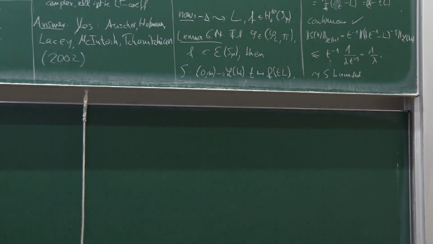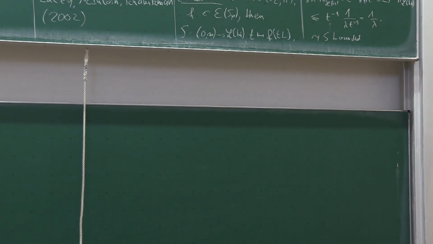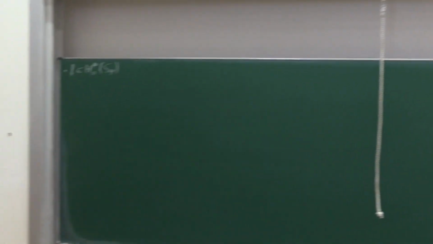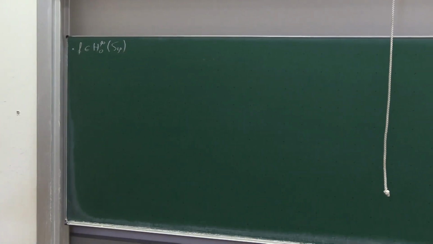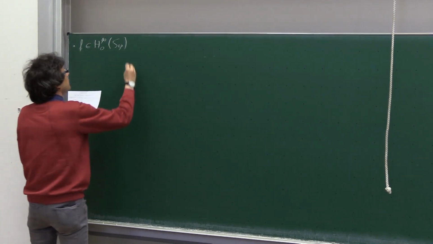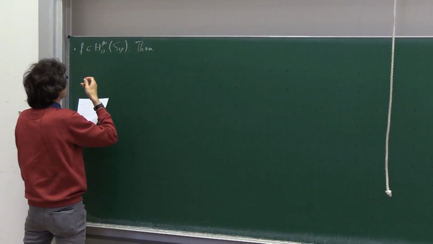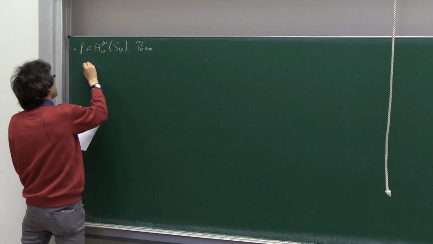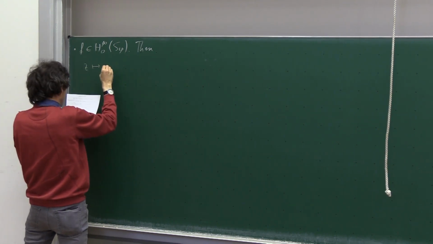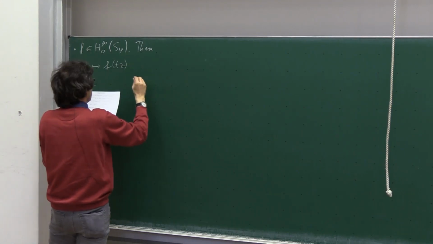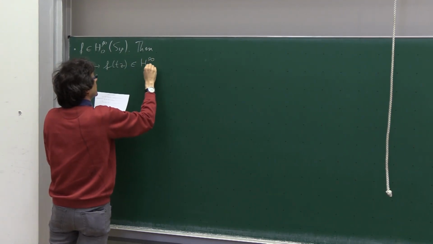Last thing that remains for this lemma is the case where f is a regularly decaying function. Then we want to look at f of TL. First note that z sent to f of tz is again a regularly decaying function.